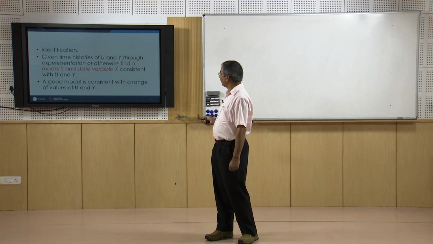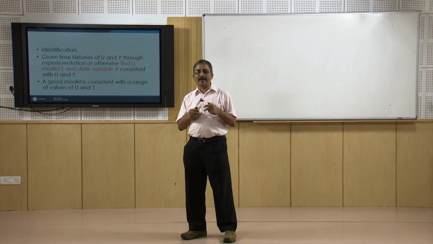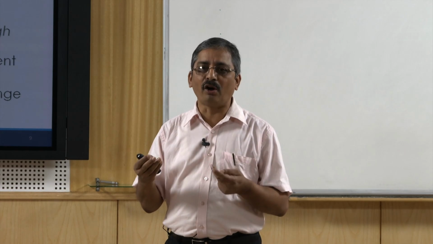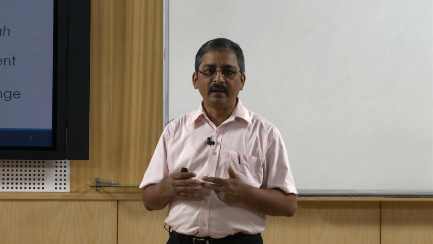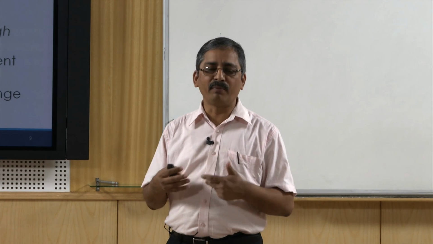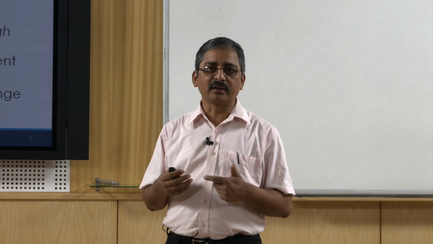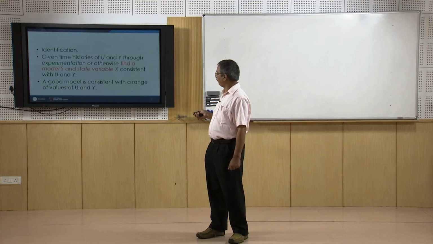A good model is consistent with a range of values of u and y. It is not that the model you have developed is valid only for certain limited values of u and y. If it is, then definitely the dynamic model is not correct. So in identification, this is what we do.